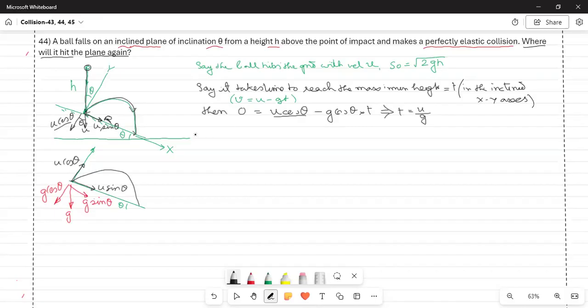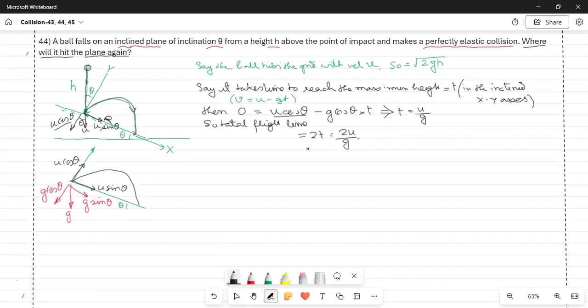So total flight time is equal to 2t. Now we just have to find out what distance it travels in the horizontal direction by this time 2u by g.